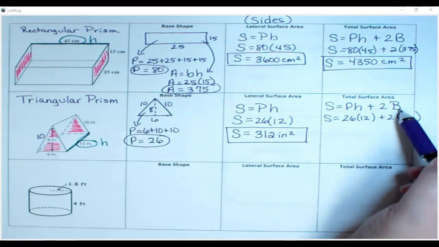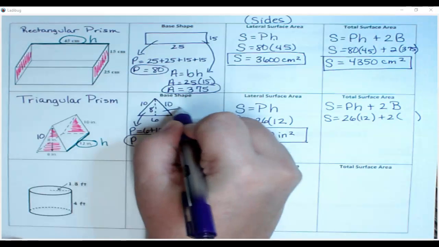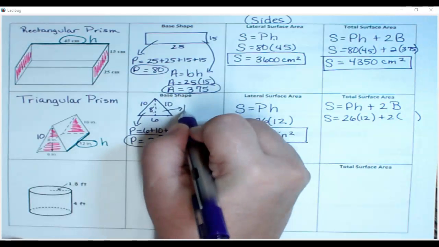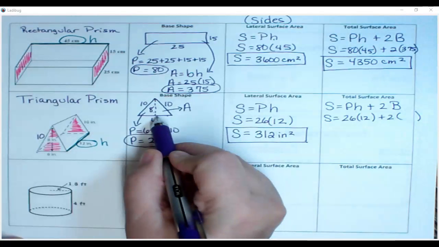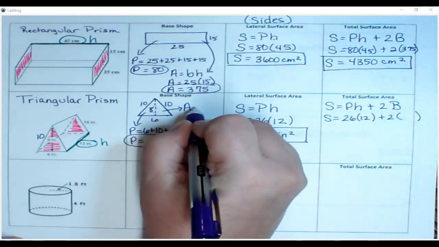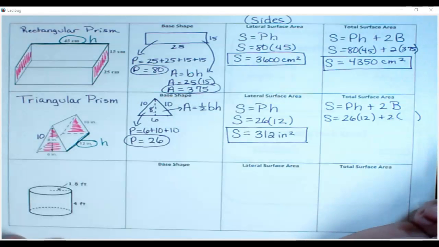Well, what does big B stand for? You need to ask yourself that. Yes, big B stands for area of the base. So I need to come over to this base shape and I need to find area. You may need to look at your formula chart. Double check yourself. How do I find area of a triangle? 1/2 base times height.